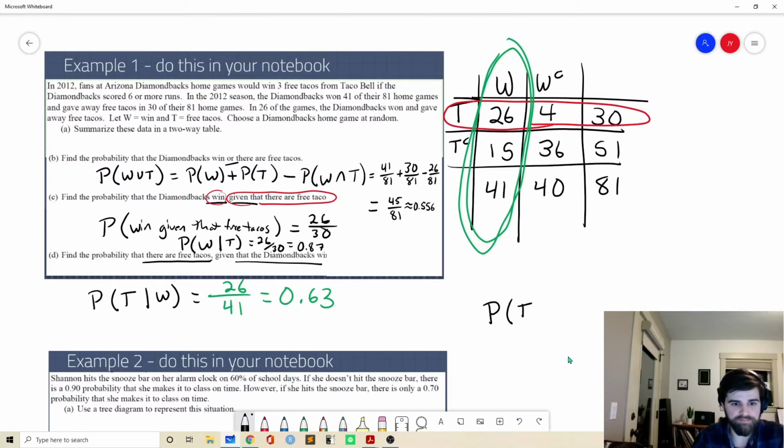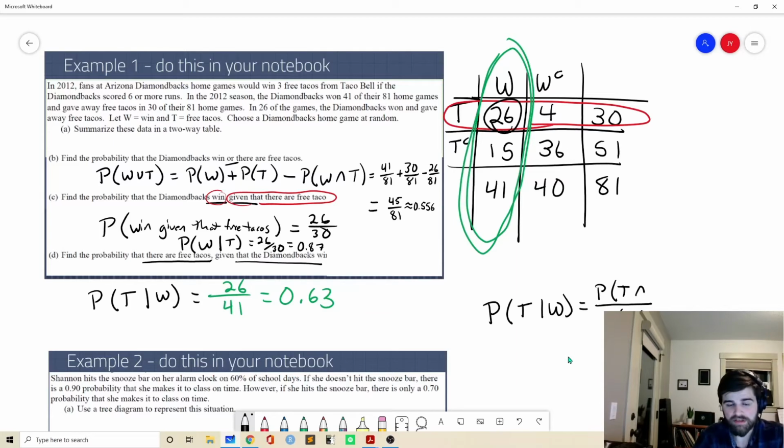So the probability that tacos would happen, given that we knew a win happened: what we did is we looked at how many games were wins. So what's the probability of a win? Well, it was 41 out of the 81. We're not going to worry about that. We looked at all the possible outcomes where there was a win, and then we looked at, of those wins, which ones were also tacos.